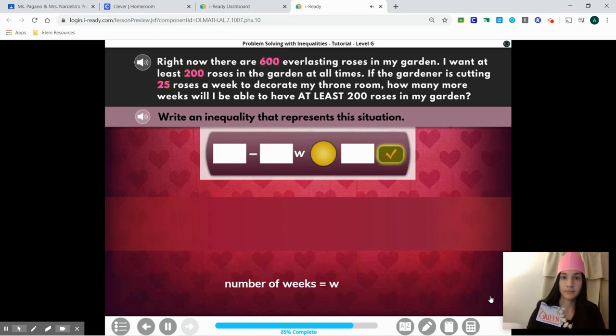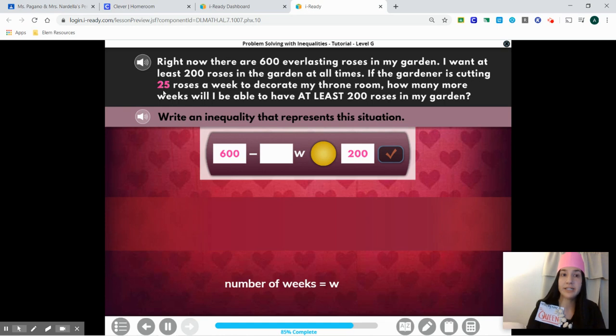Then click Done. Okay, well, we know that we want at least 200 roses in the garden at all times. So 200 is going to be our total number over here. We also know that we're starting with 600 roses. So that's going to be the starting number that we're going to start deducting from.